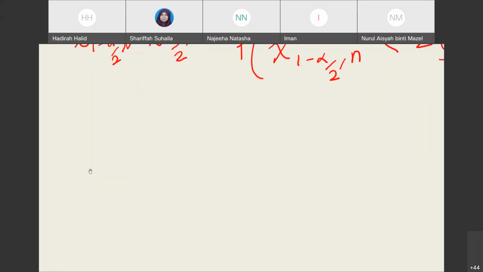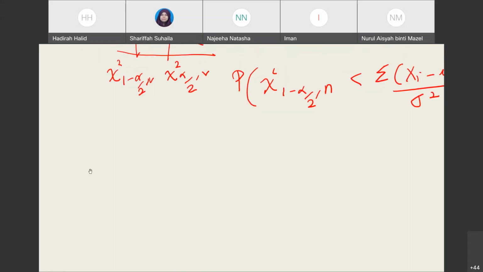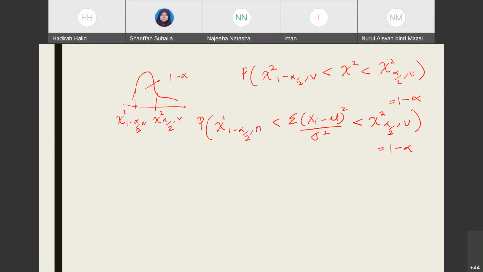These are the things that you need to know. There is no negative chi-square alpha over 2, degree of freedom n. We just have chi-square 1 minus alpha over 2 and chi-square alpha over 2 for skewed distributions.